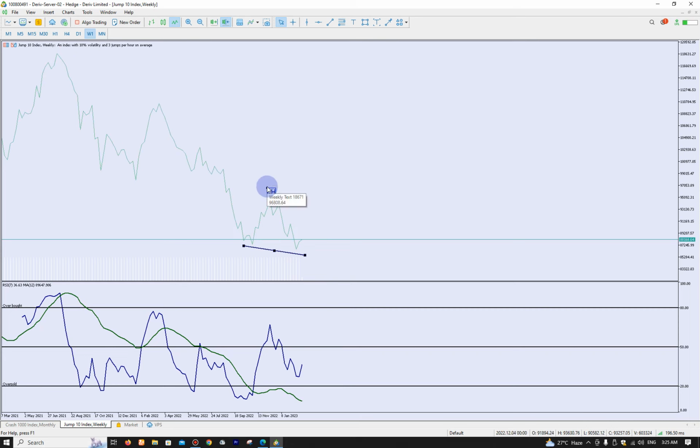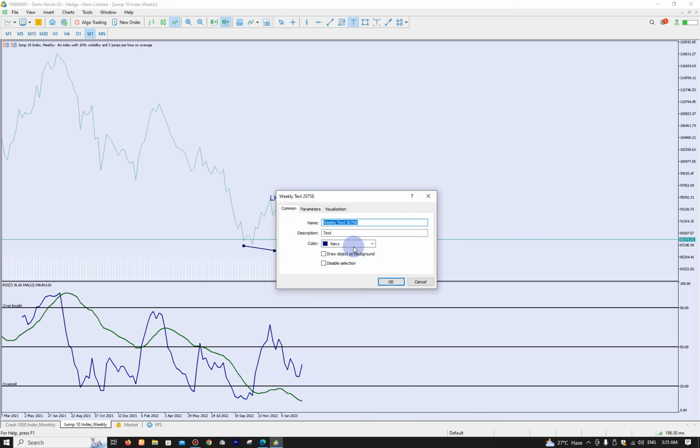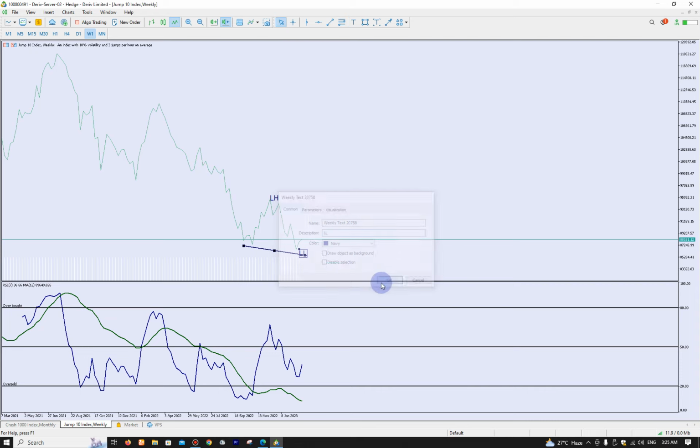You see, price actually formed a lower high here, and this is a lower low. This is a lower low.